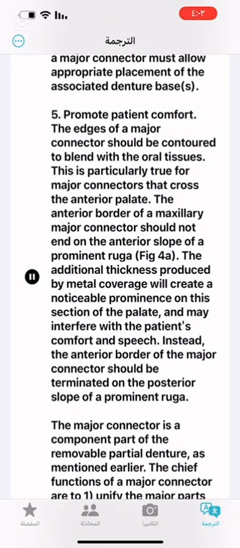In addition, the borders of a maxillary major connector should cross the palatal midline at right angles, not obliquely. 5. Bony and soft tissue prominences should be avoided during placement and removal. Fig. 9. 6. The major connector should show smooth, rounded contours.